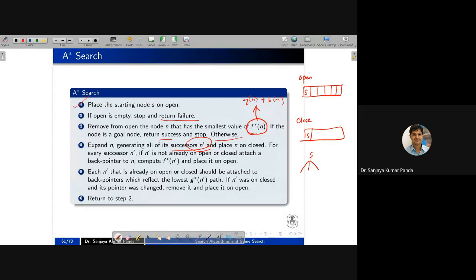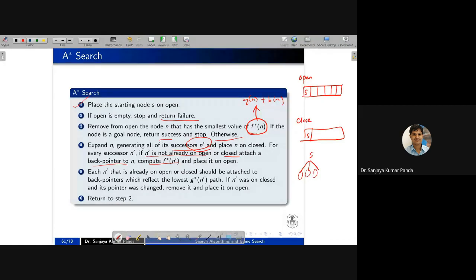As it is expanded, you have to put it in the closed list. Then for each and every successor, you have to repeat this process. If n dash is not already in open or closed, then you have to attach a back pointer to n dash, and calculate f of n dash.